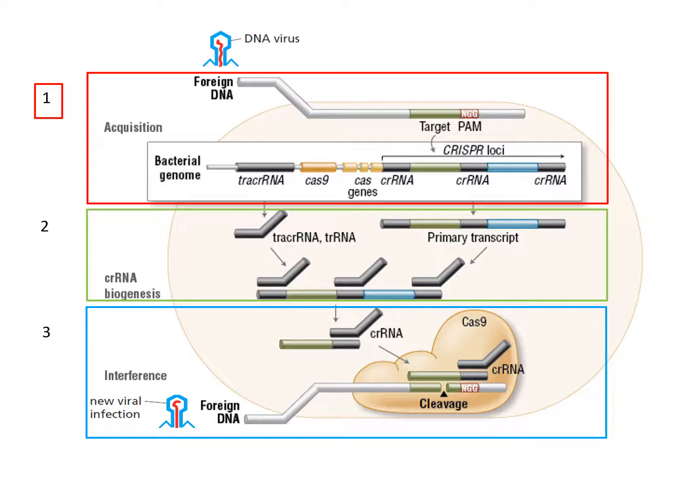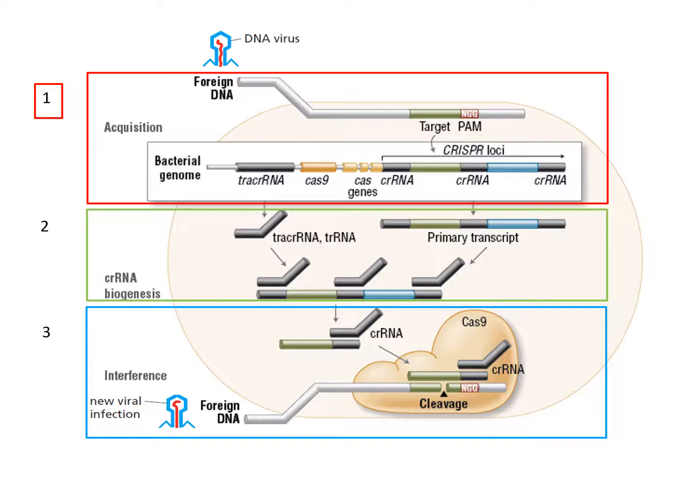So first we're going to focus our attention on this red box, which is what we'll call part 1, acquisition. In other words, the foreign DNA has to be acquired and inserted into the CRISPR loci. We've talked about that, but we haven't really talked about how that happens. If you focus your attention on the Cas genes for a moment, you will see that they're just that.